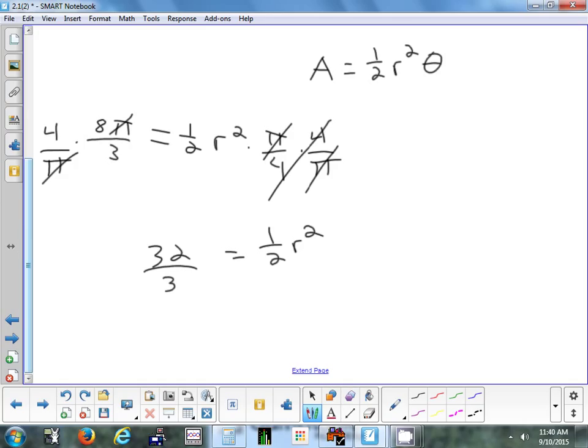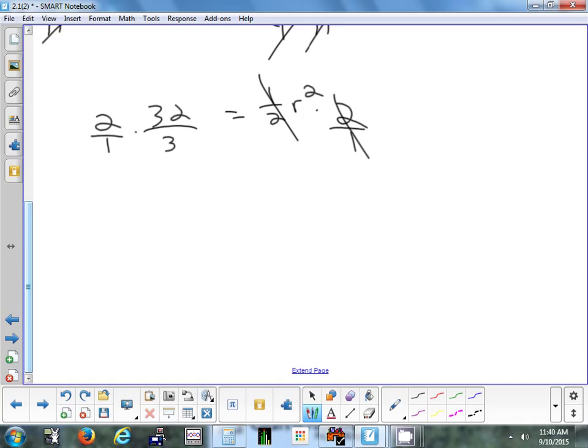Hannah, do you see what I could do next to get rid of this 1/2? Multiply by the reciprocal. Yep, which would be 2 over 1. Perfect. Multiply each side by 2, or 2 over 1 if you want. It's going to cancel that. Now I've got 64 divided by 3 on the left.